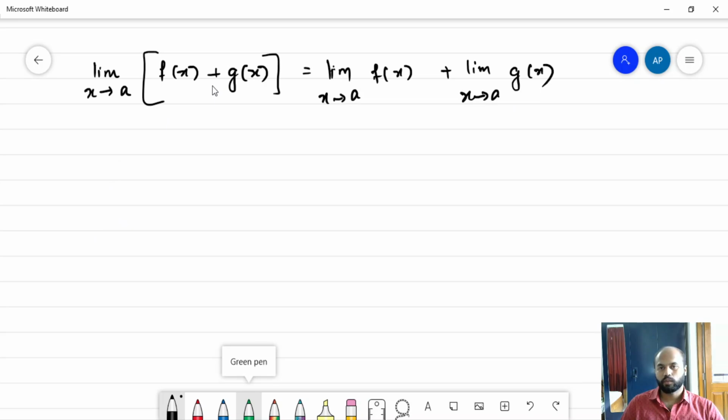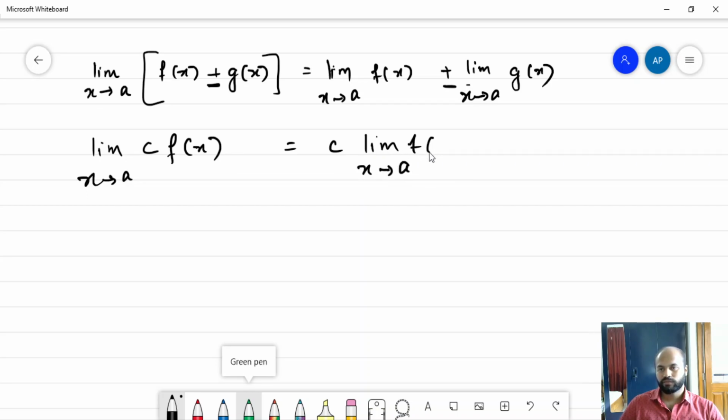Similarly, this rule applies to subtraction of the two functions also. The next is, let's say we got a function like this, c times f of x, wherein c is a constant. What we can do is take the c constant out and then we can write limit x tending to a f of x.